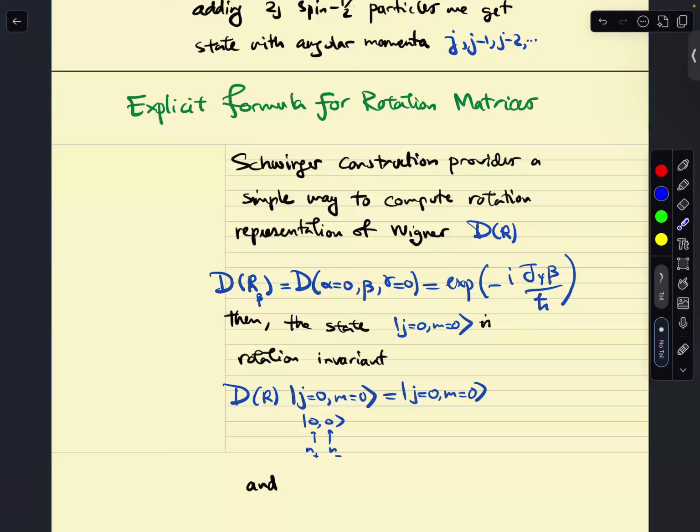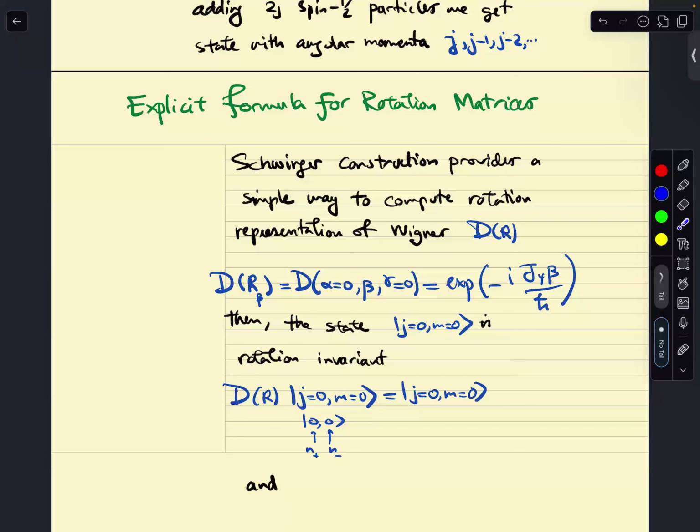So we're gonna do a sample calculation. What is this sample calculation? We're gonna use the oscillator model of Schwinger to calculate the rotation matrices. In particular, what we're gonna calculate is the rotation matrix, the representation of rotation by angle beta around axis Y.